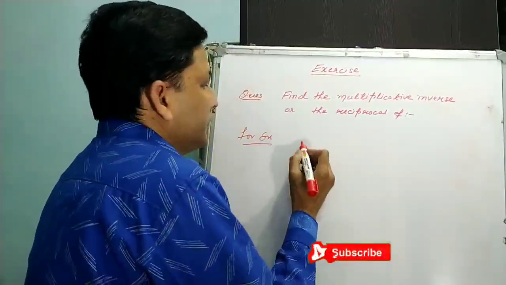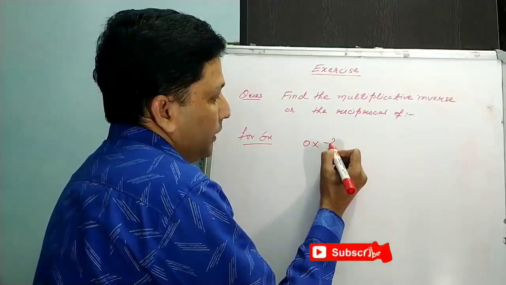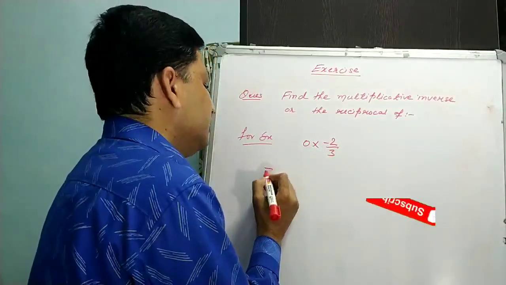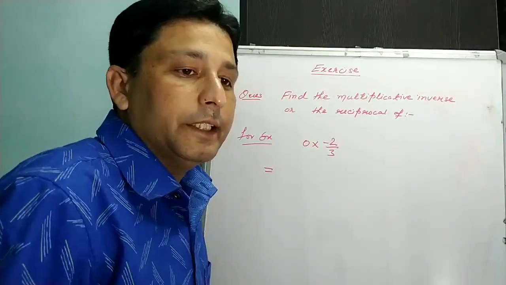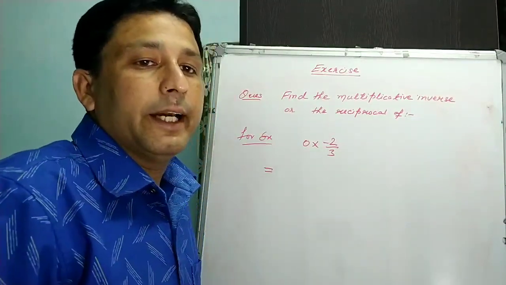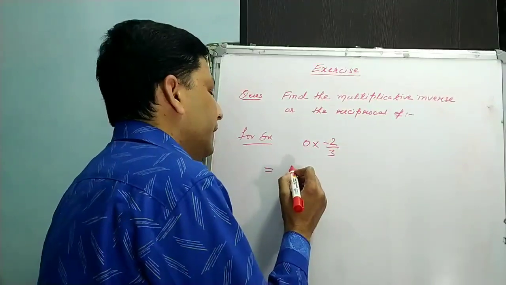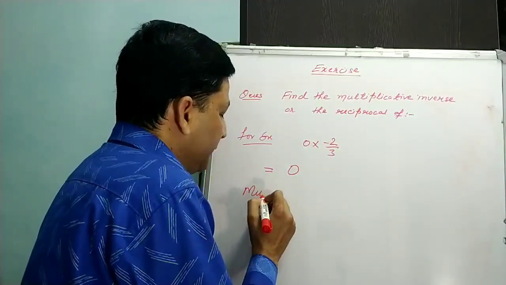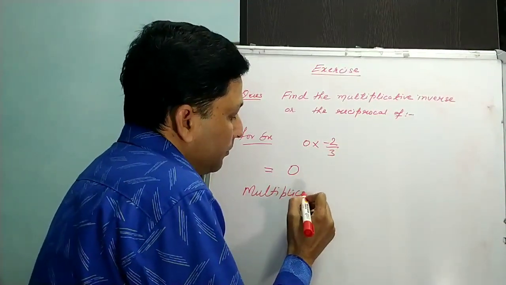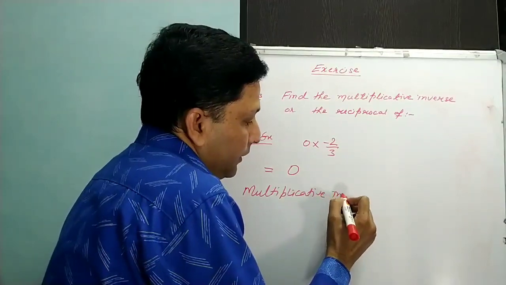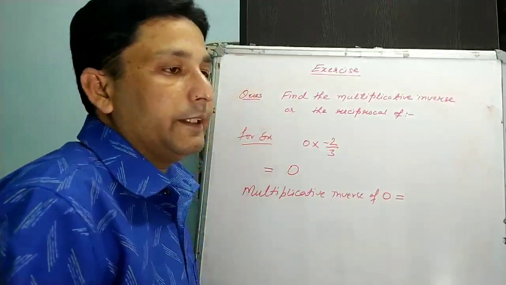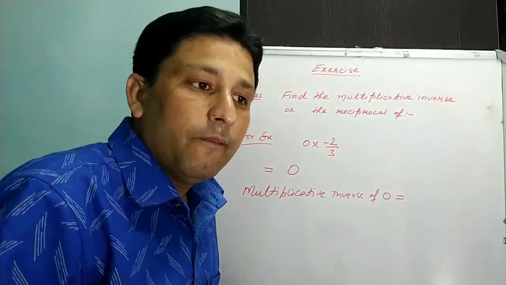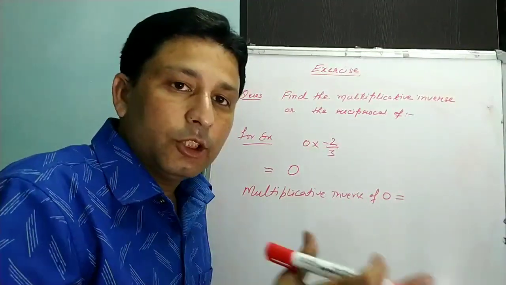Let's take another example. 0 into minus 2 upon 3. First of all we will solve, and after multiplying any rational number or any integer with 0 we will get 0, final answer. So here we will write 0, and the multiplicative inverse of 0 is equal to, you know very well that there is no rational number with 0 as a denominator.